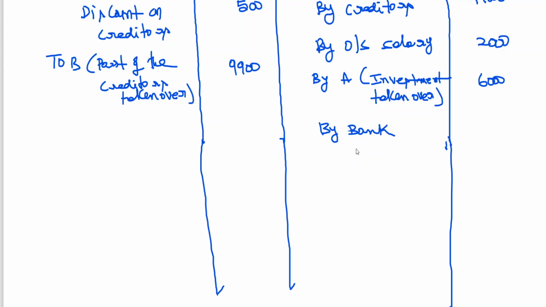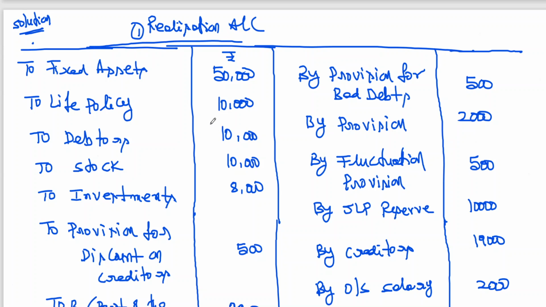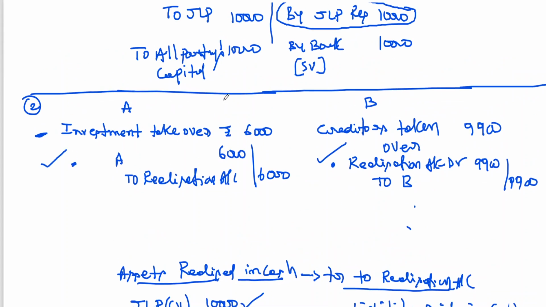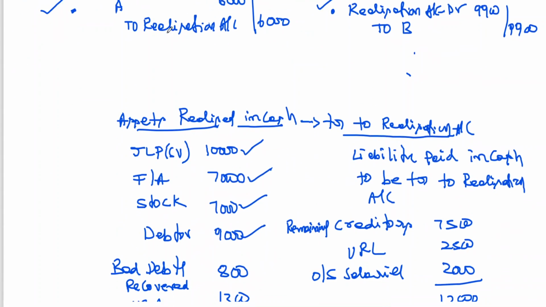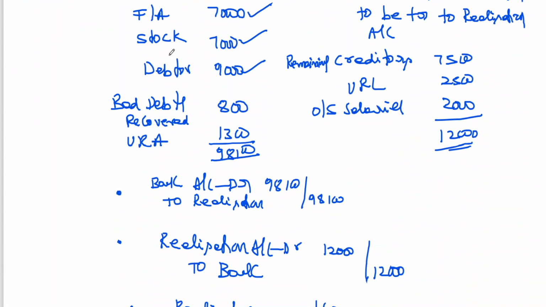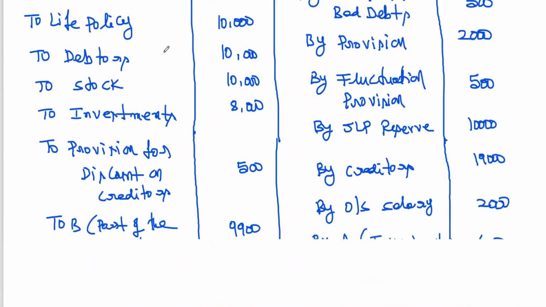If you want, you can give the list of those things. Or I'll do one thing: this tutorial note initially, let me make as working notes now. So many things I've explained, so I need not repeat again. Assets realized is how much? 98,100.